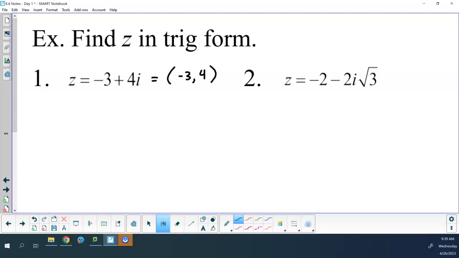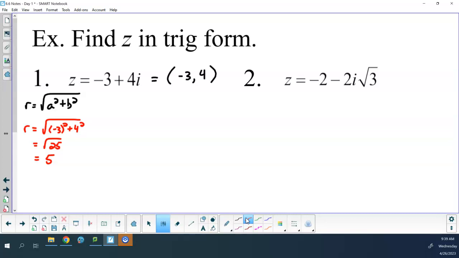Find me r. Did you get 5? By now, you shouldn't have even had to use the calculator for that one.